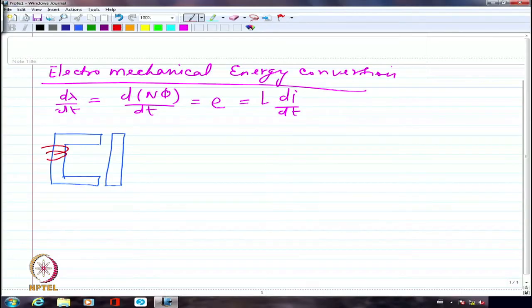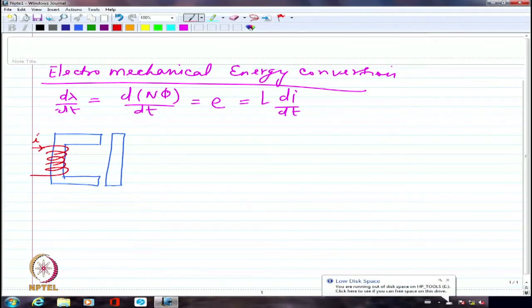So, let us say I have a coil, and if I have sufficient current flowing through this, then the electromagnetic force created is going to be strong enough, and it will go against whatever spring action I may have here. So, I am showing a spring which is attached to a frame.